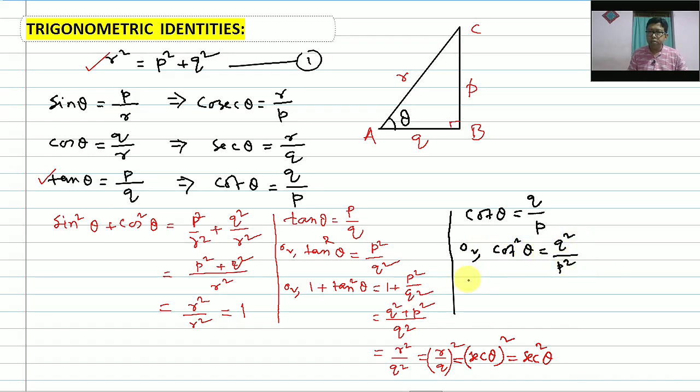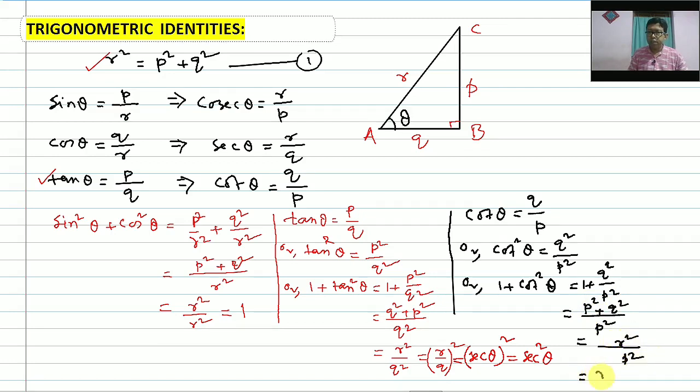Now add 1 to both sides, so that you will get 1 plus cot square theta is equal to 1 plus q square upon p square. Make an LCM here: p square plus q square. Now what is p square plus q square? Again, according to 1, you can substitute r square upon p square.